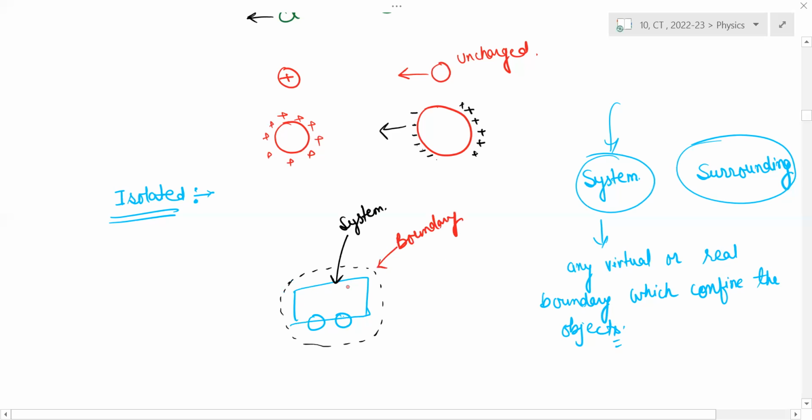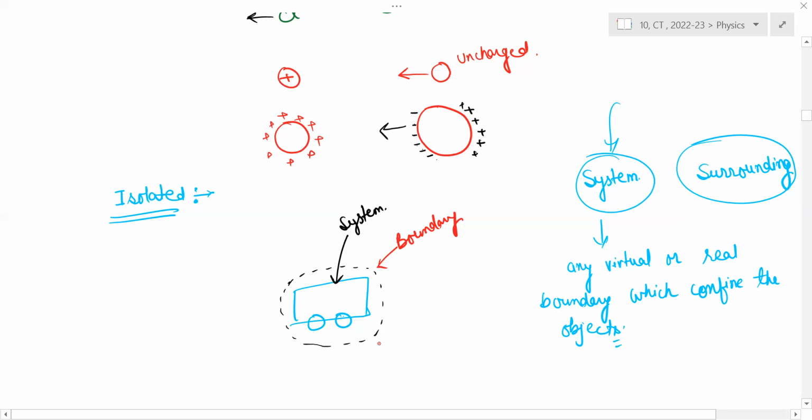Excluding the system, whatever is lying apart from the system is called the surrounding. Is it clear? Yes, sir. If I talk about my car, I will enclose it by one virtual boundary. Inside that virtual boundary, whatever is lying is called a system, and the outer part of the boundary is called the surrounding.